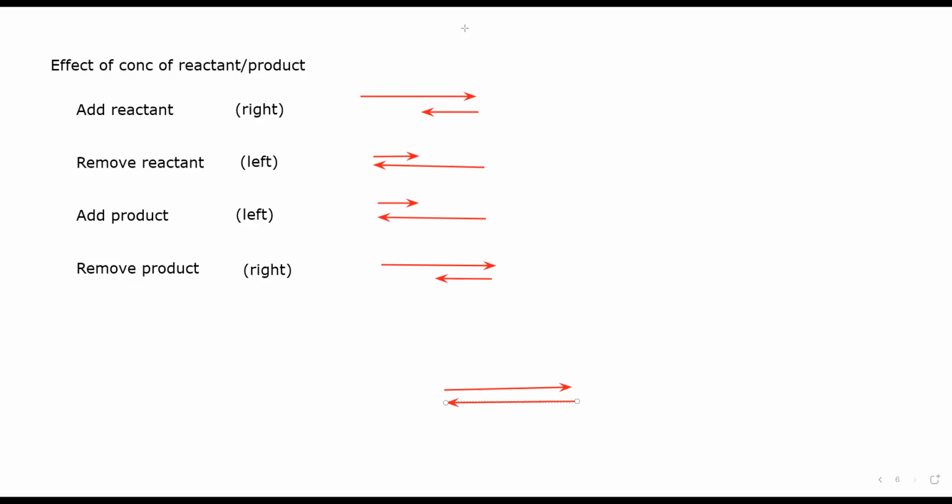So this is the first factor which affects or shifts the equilibrium. We can add reactant or remove product, or we can remove reactant or add a product, and we can shift the equilibrium. You can take the screenshot of this.